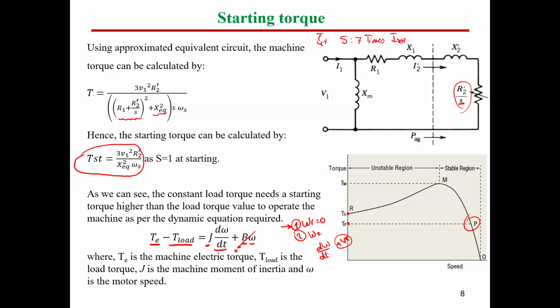So this will not start the motor. But it's even worse, guys, because if you apply the supply to a motor having electrical torque less than the load torque, the motor will try to absorb more current from the supply in order to make the torque higher.